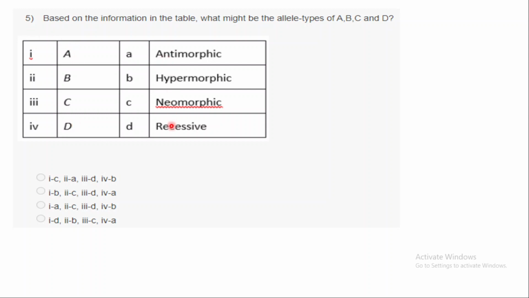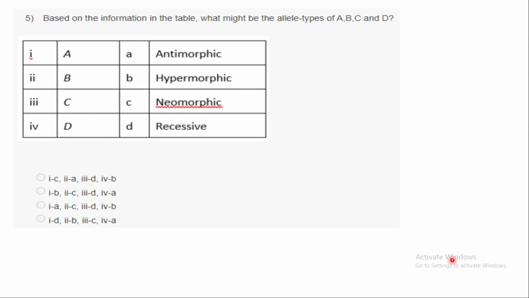We have four different allele types: antimorphic, hypermorphic, neomorphic, recessive, and on the left side, ABCD. I think it's easier to remember these four types, and then I can show you back the table for you guys to refer. Antimorphic, hypermorphic, neomorphic, and recessive. So let me do one thing.